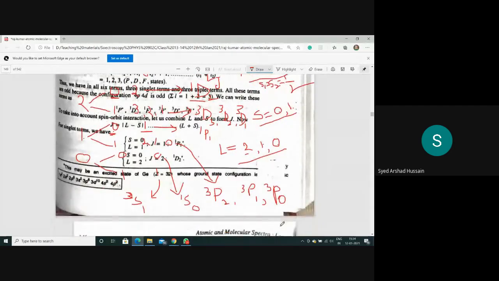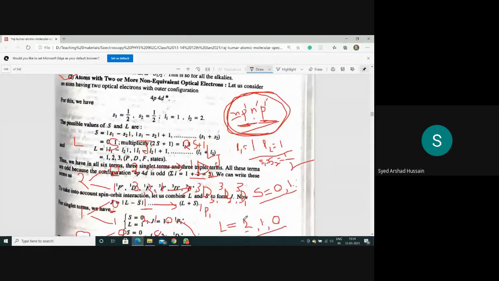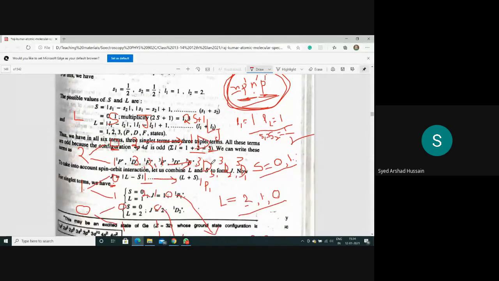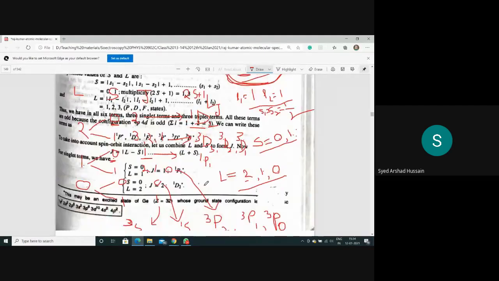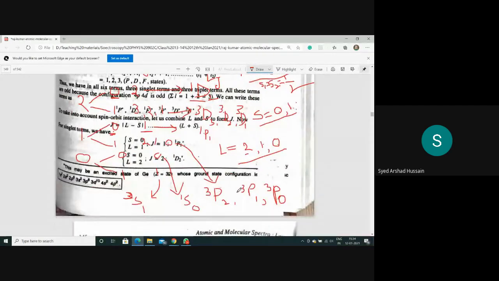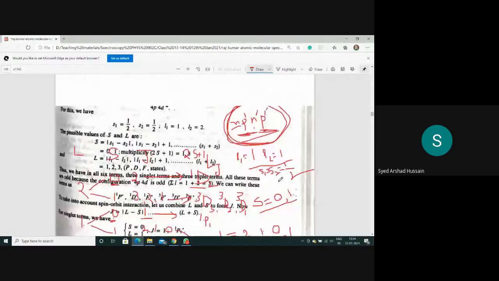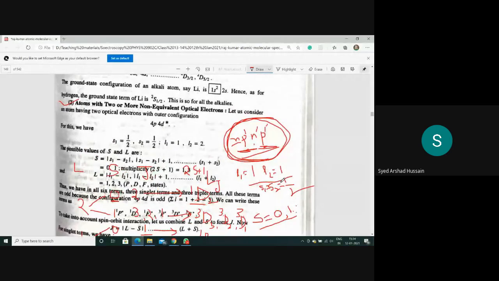How many terms did you get now? 1, 2, 3, 4, 5, 6, 7, 8, 9, 10. You have 10 terms, and each term constitutes different levels due to interactions between two non-equivalent p levels.